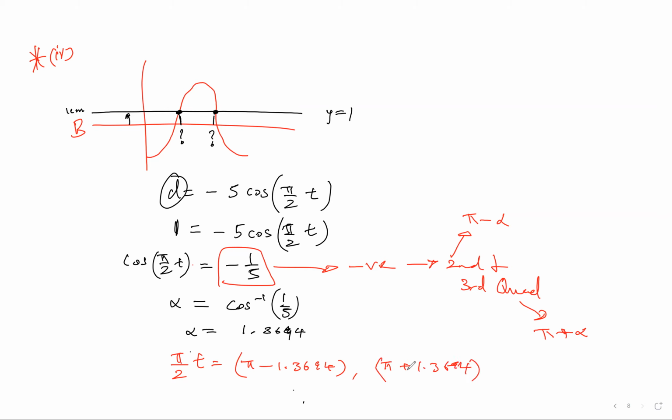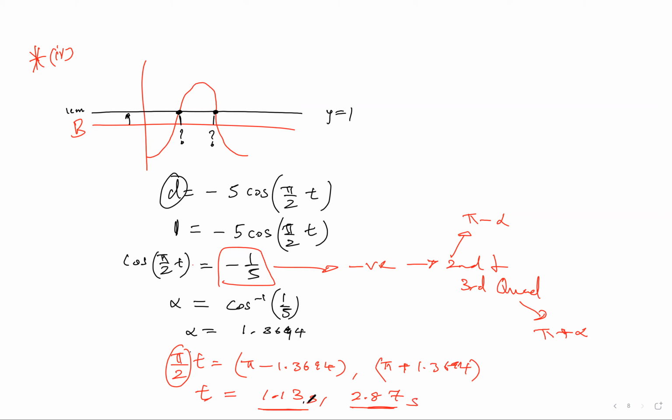So you add these two, and then you bring the pi over 2 across. When you multiply, that means you have to divide. Whatever answer you get, you must divide by pi over 2. You get this as your answer, 1.13 and 2.87. These are the two earliest timings.